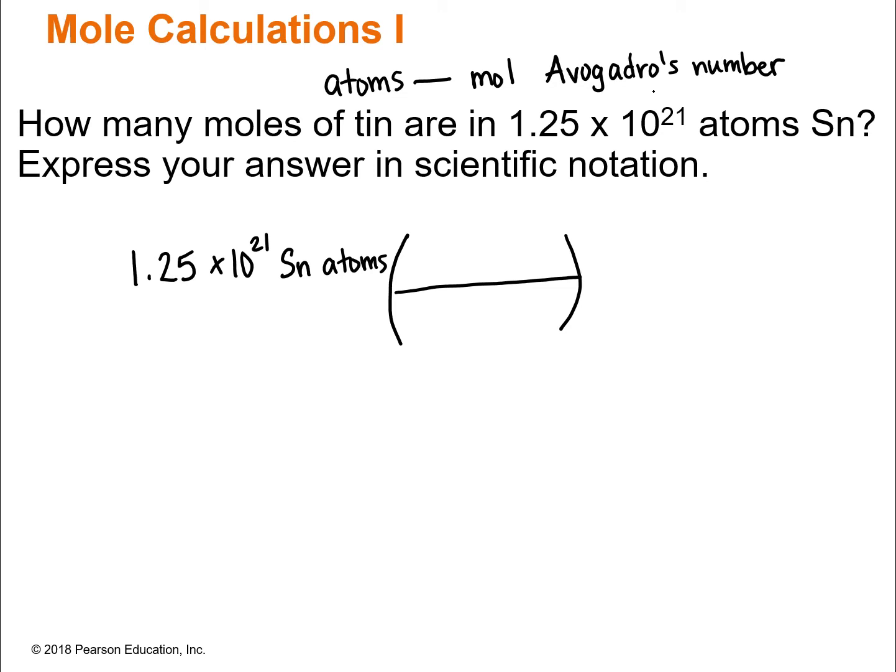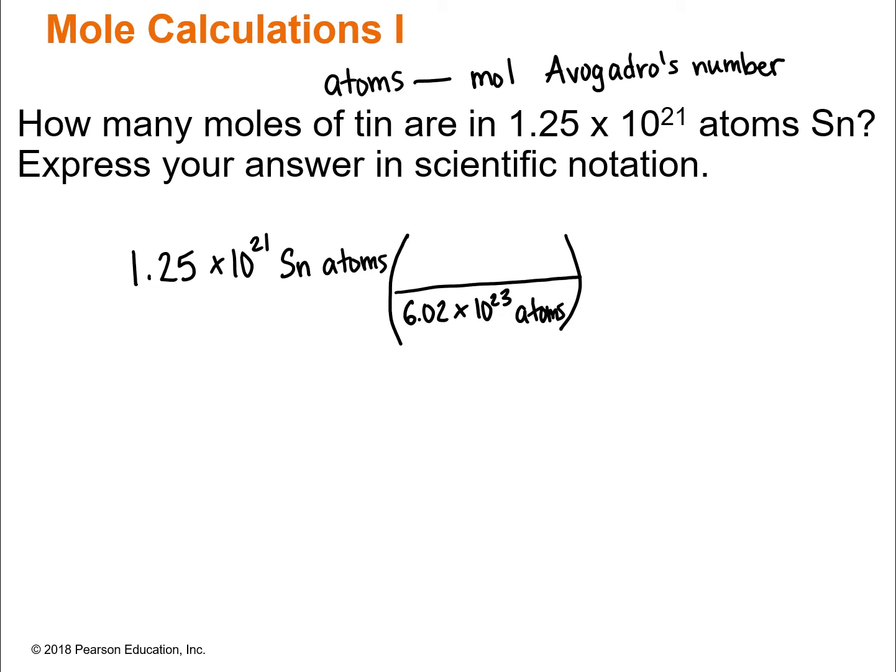Where am I going to put Avogadro's number? The top or the bottom of this unit factor? Yes, it's going to go on the bottom. This time we're trying to cancel out the number of atoms.